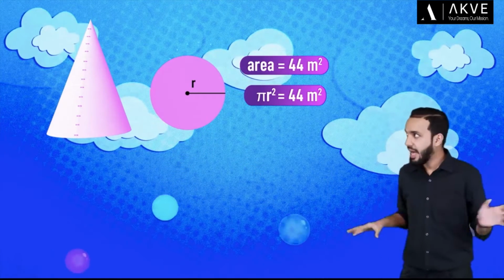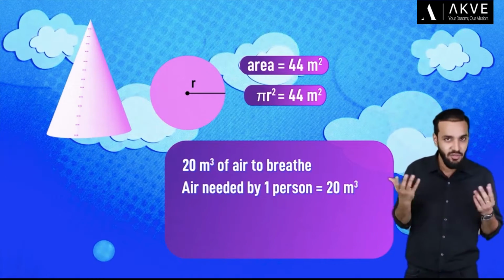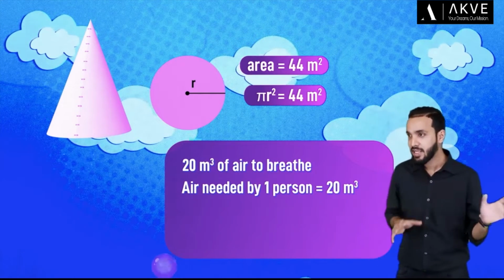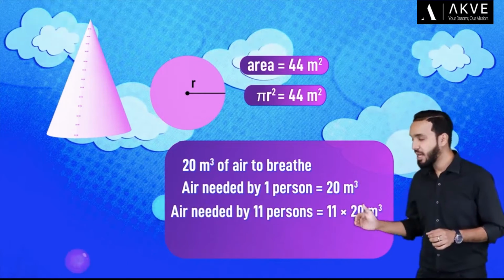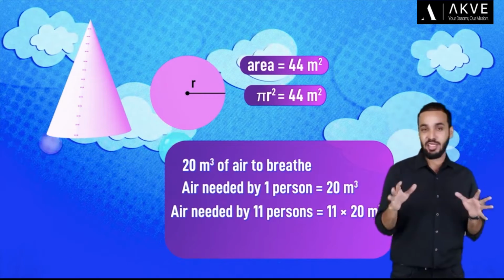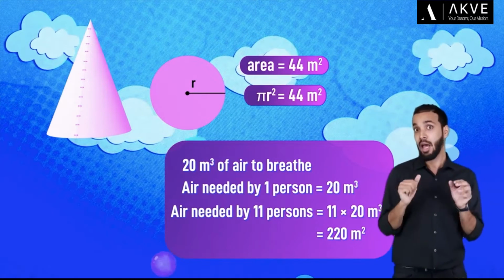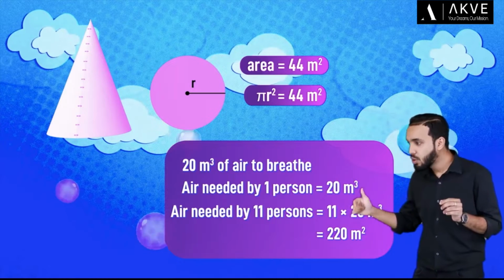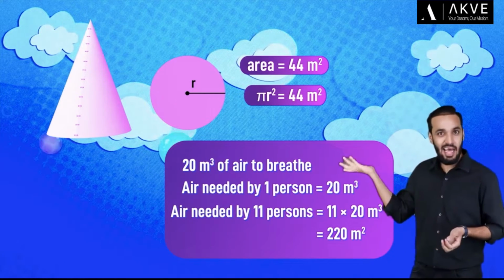We see that each person needs 20 cubic meters of air to breathe, which indicates that the 11 of them would require a total of 11 into 20, which is 220 cubic meters of air to breathe. Now, what does cubic meters of air represent? Volume of the air inside, right?